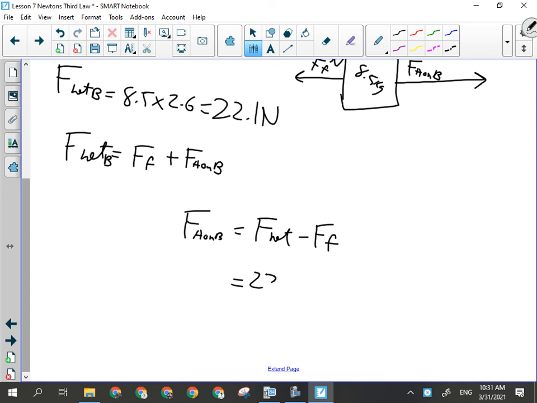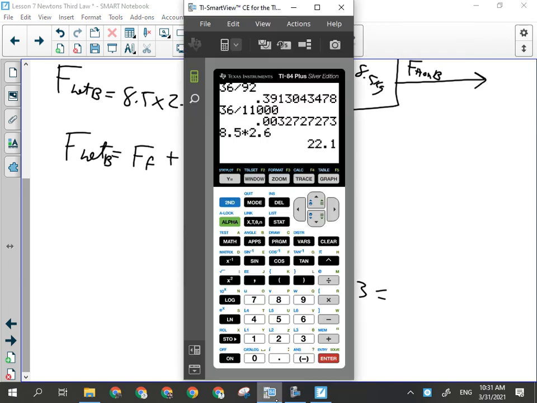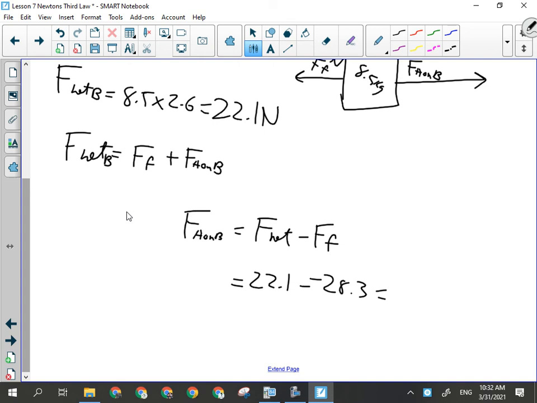So that'll be 22.1 minus negative 28.3. So the force that A exerts on B is 50.4 newtons to the right. So the force that B exerts on A is 50.4 newtons to the left, actually 50 newtons because there's only 2 significant digits in this question.